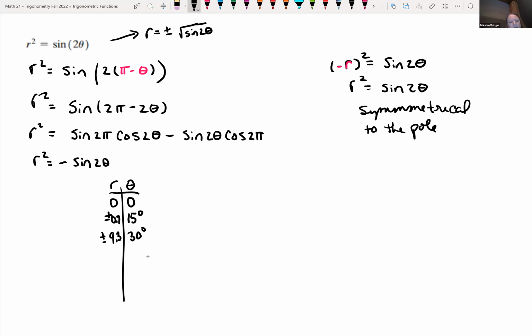If we plug in 45 degrees, 2 times 45 degrees is 90 degrees. Sine of 90 degrees is 1.